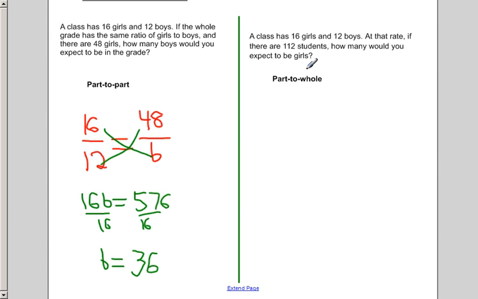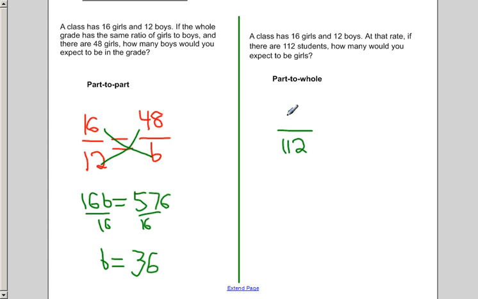Over here, a class has 16 girls and 12 boys, same numbers. At that rate, if there are 112 total students, so that's our whole, how many would you expect to be girls? So I'm going to start by having my whole on the bottom. If there are 112 total students, how many would you expect to be girls?